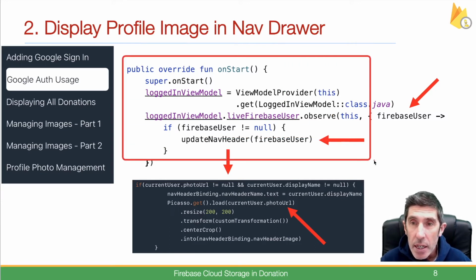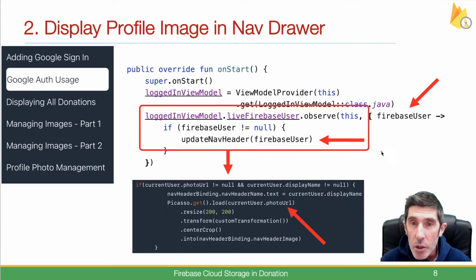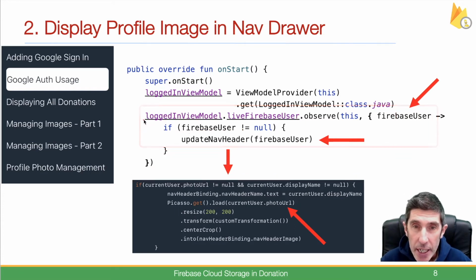Inside onStart, where we're observing that logged in user, what I now add in is, once the user is not null, we call a function called update nav header, which passes in that Firebase user that we are observing. So if we were to sign out and sign back in again, new user, new Google credentials, new profile pic.